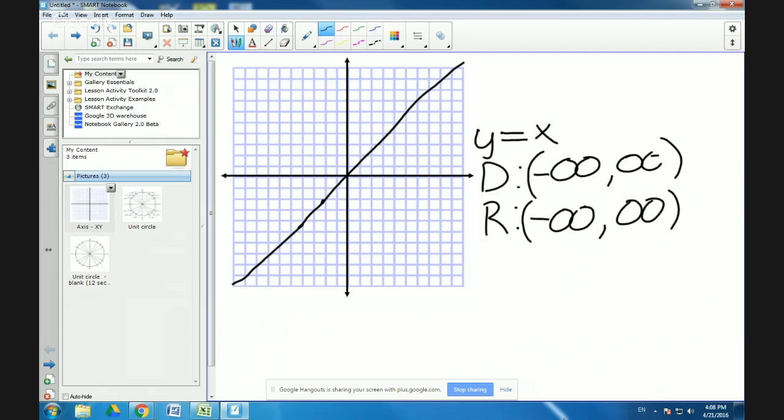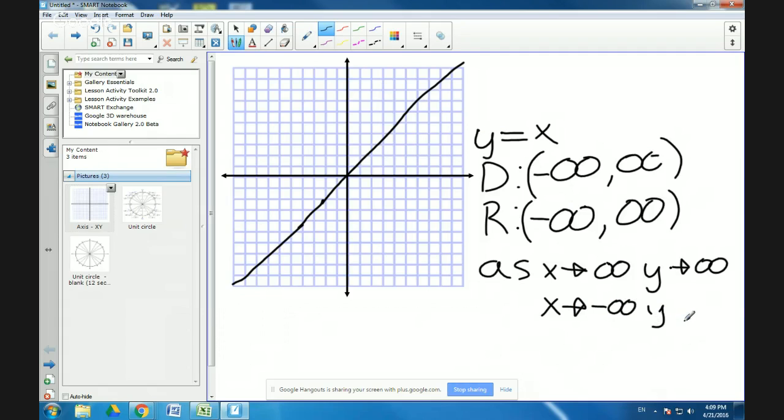When finding the behavior, as x approaches infinity, y approaches infinity. And it's the same thing for the bottom part. As x approaches negative infinity, y approaches negative infinity. All right, and that is the linear function.